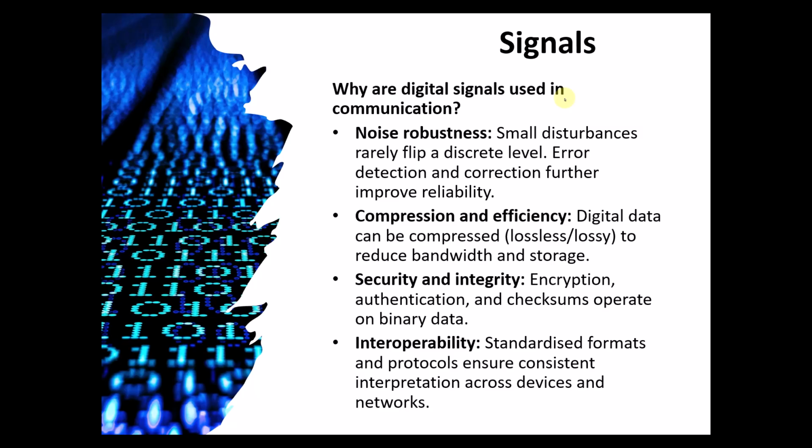Nowadays, interoperability is easy because there are standardized formats like ASCII and Unicode that all devices understand, so that devices can communicate together. The protocols on the network are all standardized and every device can understand these same protocols. So these are the 4 reasons why a digital communication system is more preferred than an analog communication system: noise robustness, compression and efficiency, security and integrity, and interoperability.